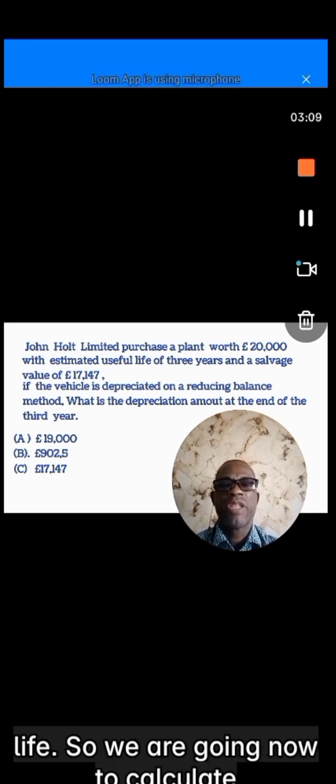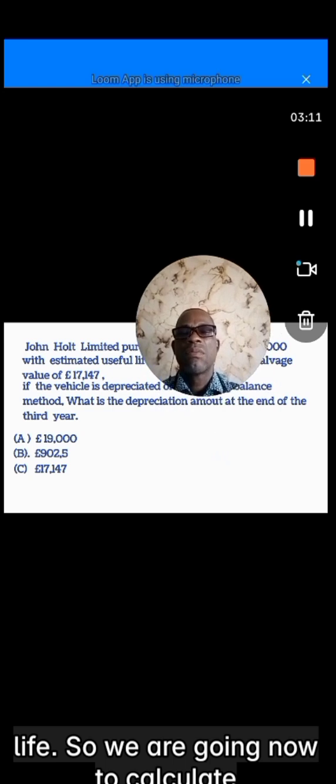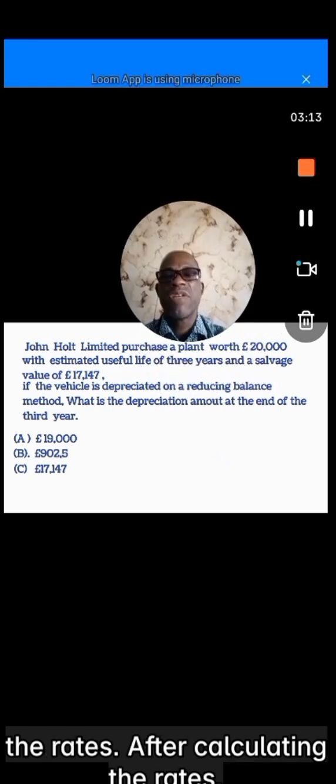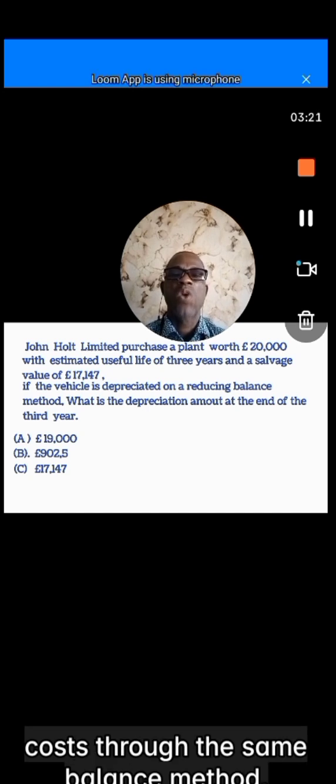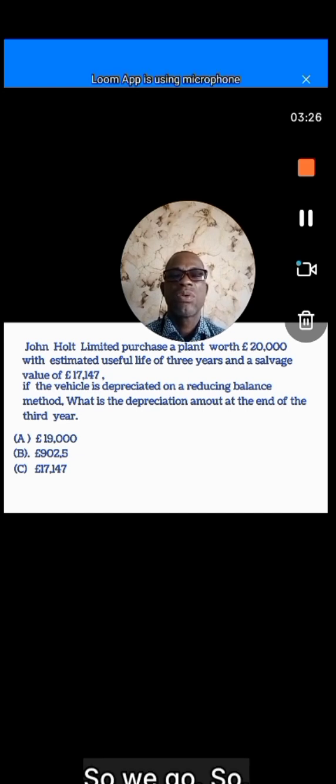So we are going now to calculate the rate. After calculating the rate, the next thing we do is to use the rate to multiply the cost. It's reducing balance method.